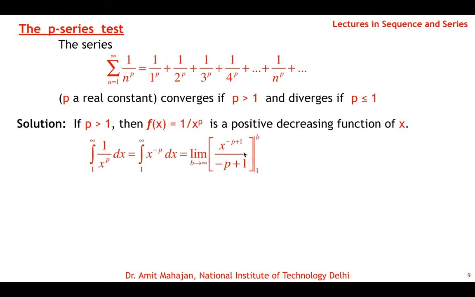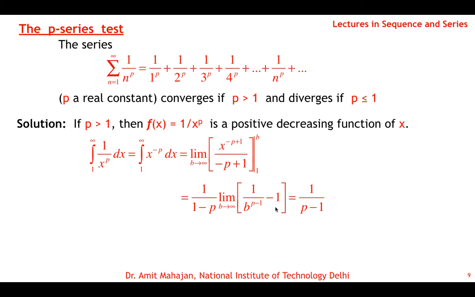Okay, and p is greater than 1, so this is like minus (p minus 1) in the denominator. So we can just take this constant out, 1 over 1 minus p, and this is 1 over x power p minus 1. When b is substituted, it is 1 over b power p minus 1, minus, when x value is 1, 1 raised to any power will be 1.